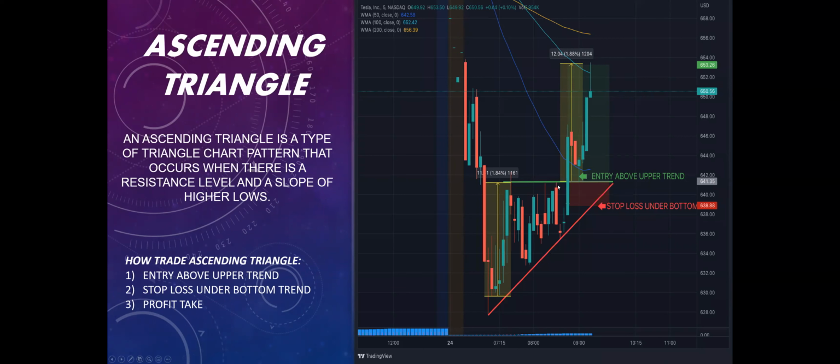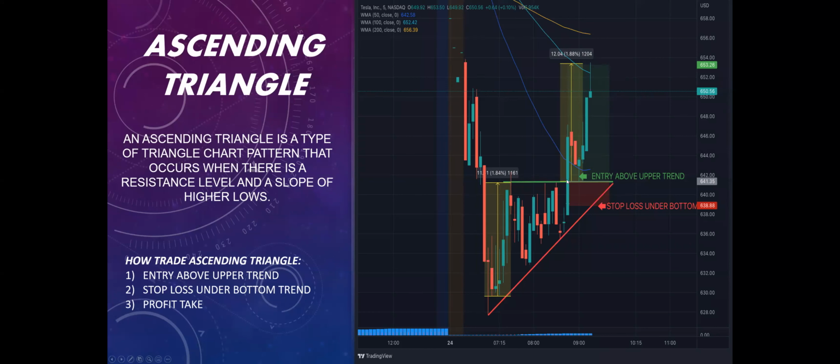It's a continuation pattern. Maybe the example is not really clear, but as you see right here, this is an uptrend with higher lows, so we continue the uptrend.